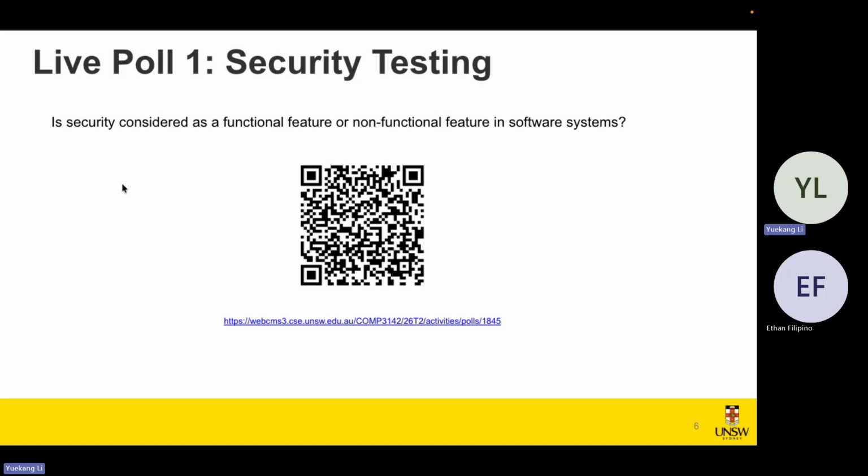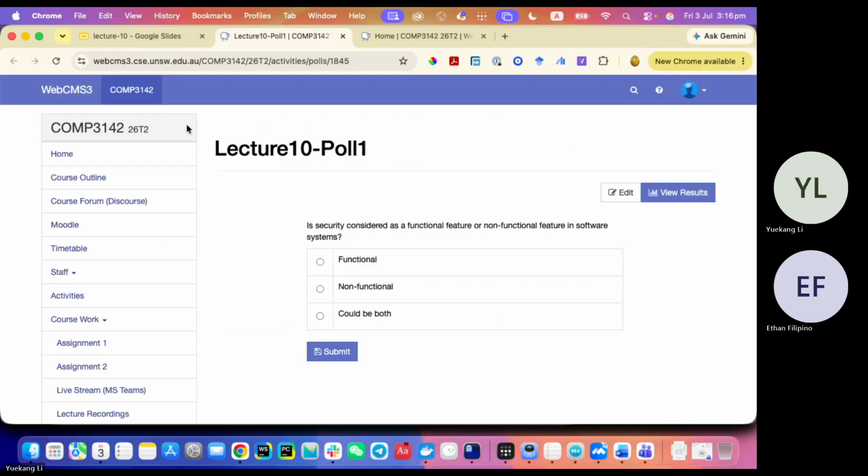So is security considered a functional feature or non-functional feature in software systems, according to what we have just learned from the definition and example? I'll give you some time to finish this.